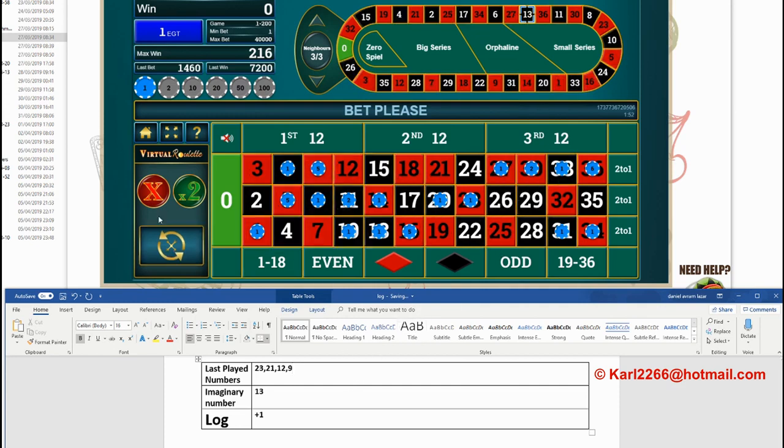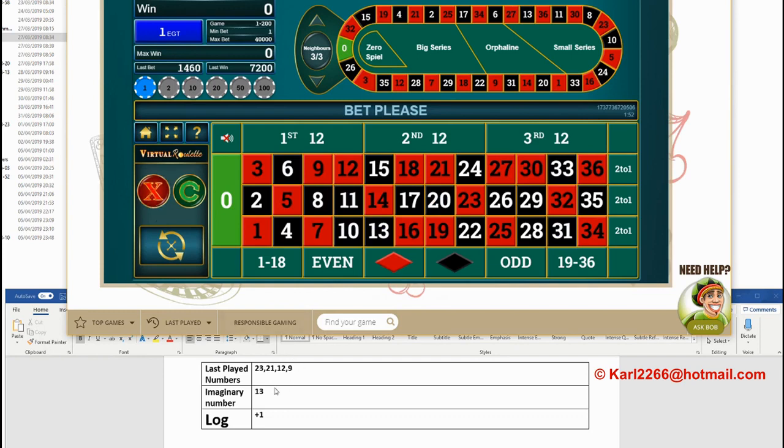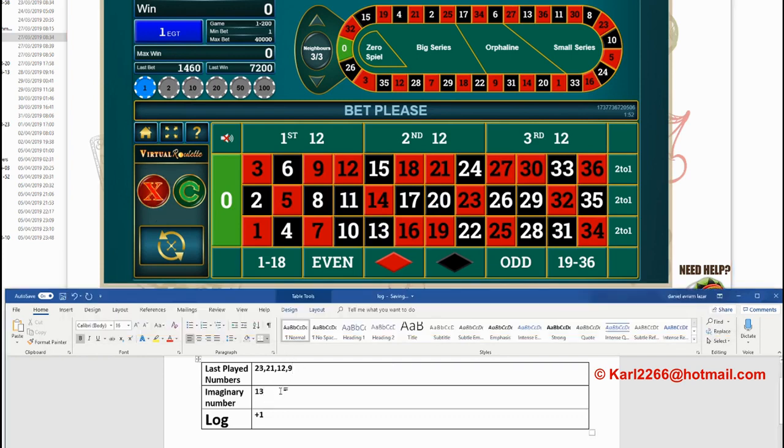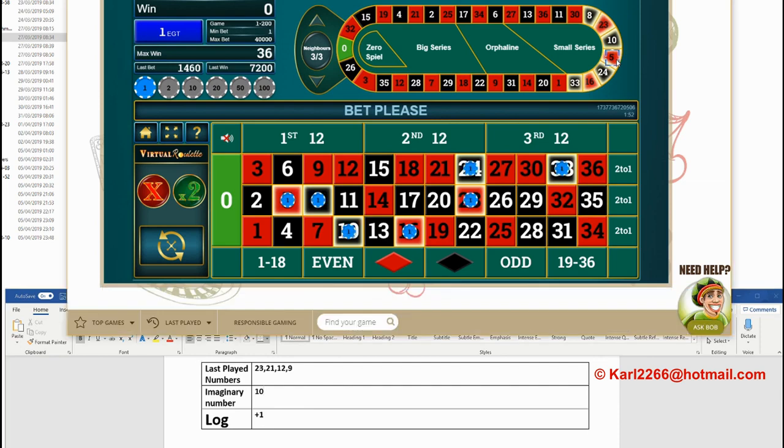Okay, with number 9 we have a new imaginary number, which is number 10. So we go place bets on 5, and we go place bets more on 33 and 8.